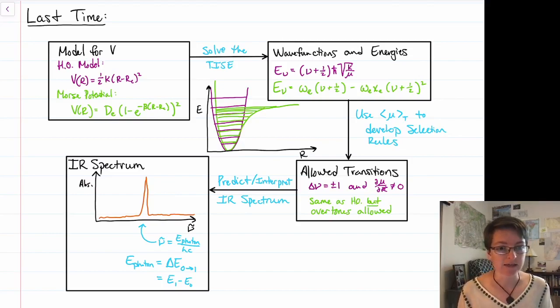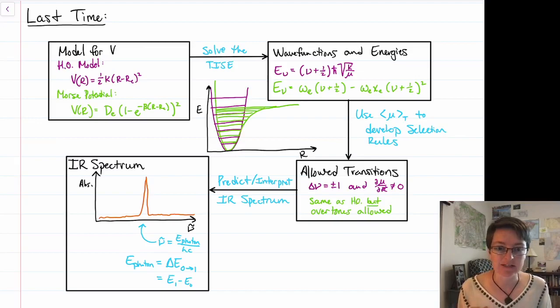Using our harmonic oscillator model, we developed selection rules that the change in the vibrational quantum number nu has to either go up by 1 or go down by 1, and that as the vibration occurred, the dipole moment of the molecule had to undergo a change. The Morse potential had similar rules to the harmonic oscillator, except that some of these overtone transitions, where delta V is greater than plus or minus 1, should also be allowed.